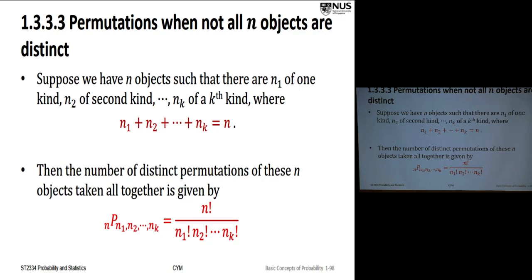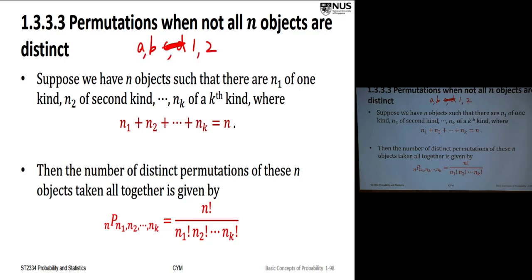Now here's another question. What happens if not all n objects are distinct? Suppose some of them are of the same kind. You cannot tell the difference. So let me give a simple example. Maybe A, B, 1, 2. 4 objects, A, B, 1, 2.